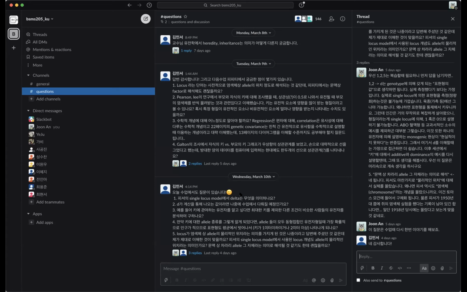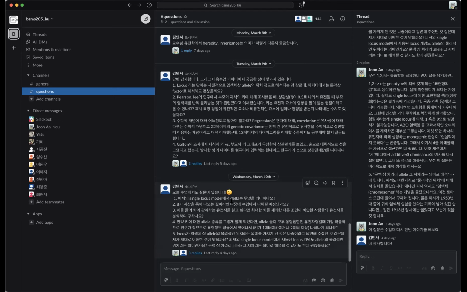Okay, so let's start with the questions from Minza last Wednesday. She put 5 questions. The first and second are quite similar. The question was, what is the delta in Fisher's single locus model and how do we calculate that delta in an experiment? The delta defined by Ronald Fisher at the time was an arbitrary one.